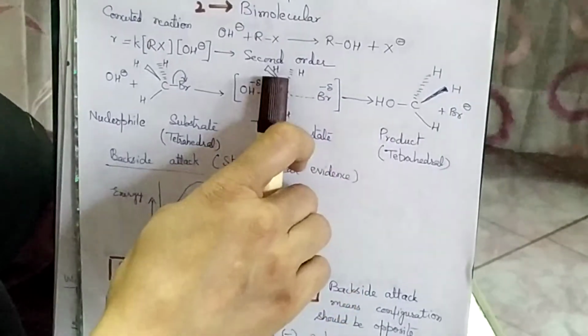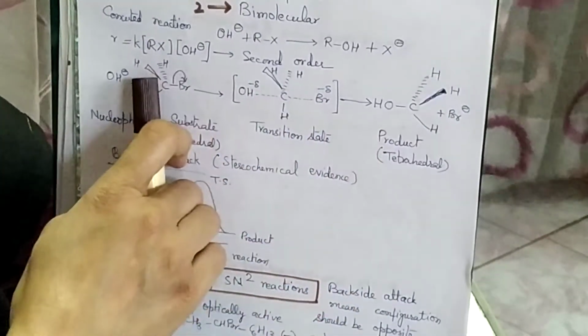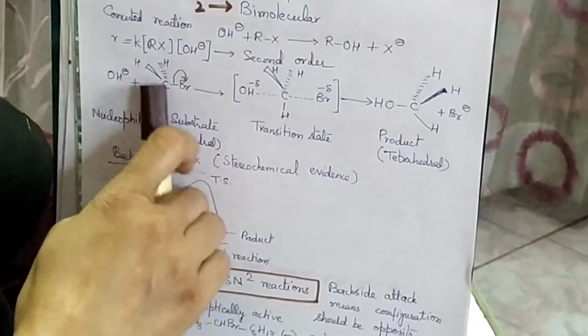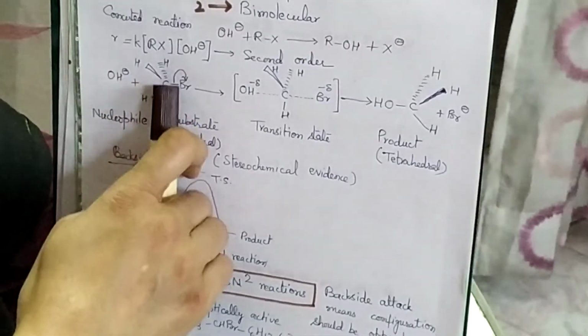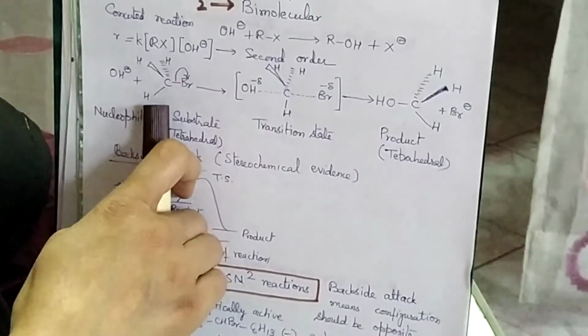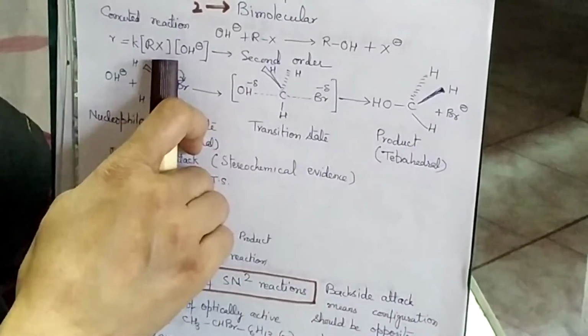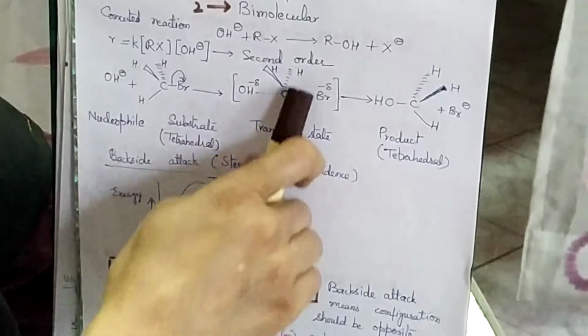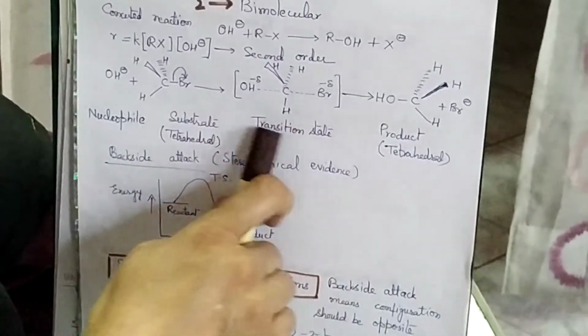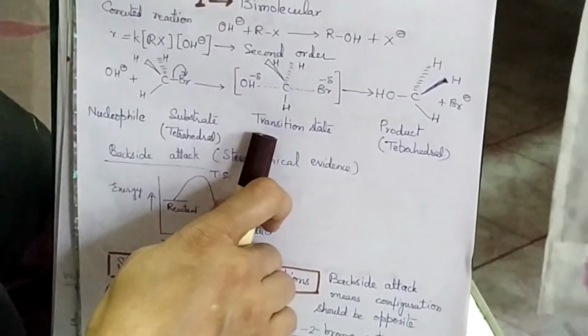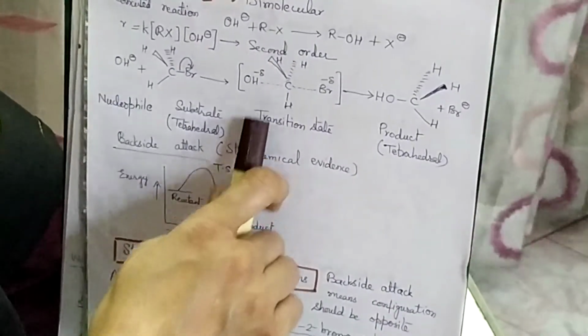Now you can see that I have denoted these hydrogens by 3 different notations, which simply represent the tetrahedral arrangement, that is, the different planes in which these hydrogens are lying, and this kind of transition state is there. Now look at this transition state very carefully.